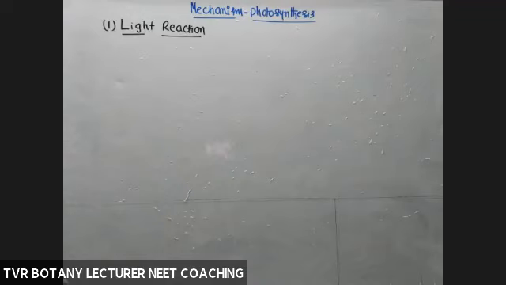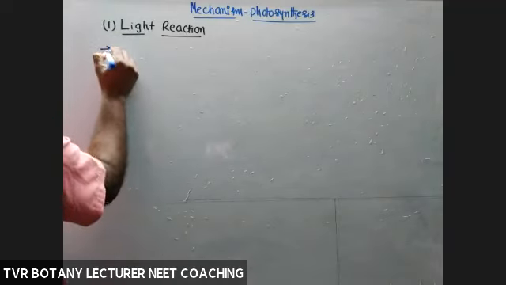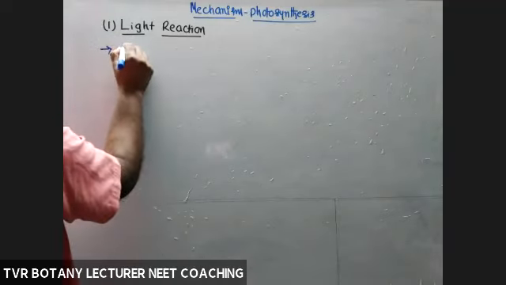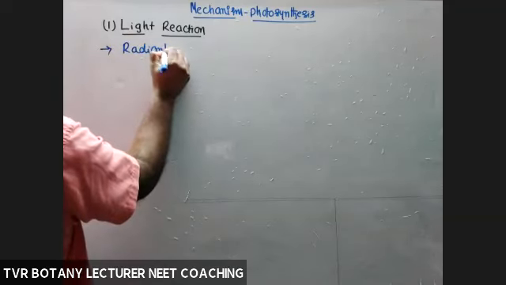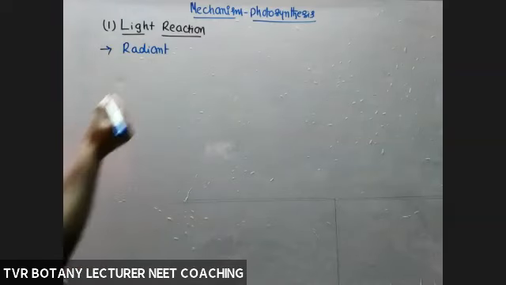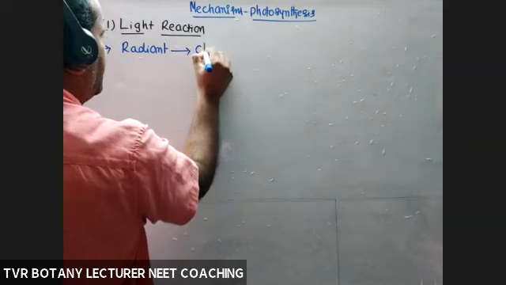Definitely the ultimate source of energy in this ecosystem is sunlight. So during the light reaction, radiant energy, sunlight, means radiation, is converted into chemical energy.